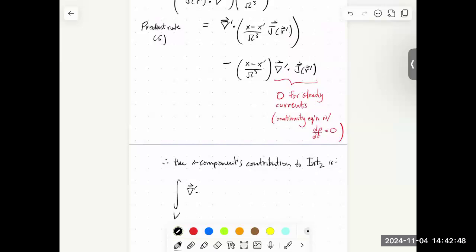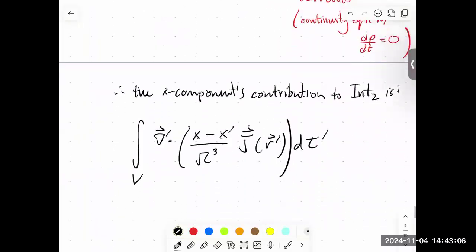It's this divergence of x minus x prime over script r cubed, and then there was a j of r prime d tau prime. All right. So that's the beast that we're trying to work on. Well, who has an idea? What could we do here? We have the divergence of something inside a volume integral. What does that kind of remind you of?